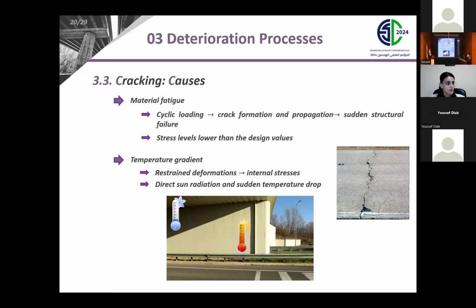Another very common reason for cracking in concrete is heat exposure. When concrete deformations are restrained, temperature gradient causes additional stresses and eventually occurrence of temperature cracks.